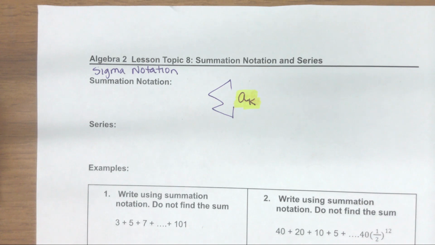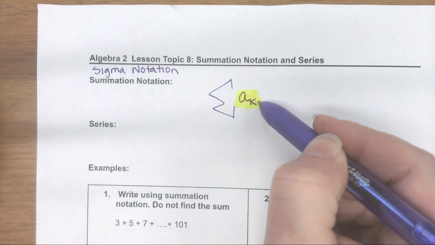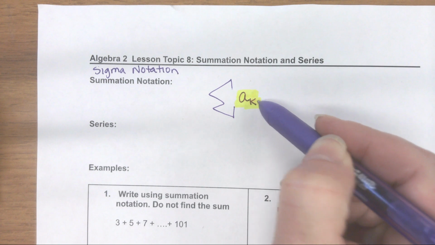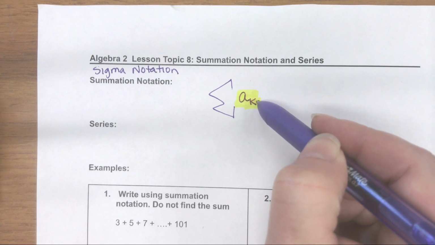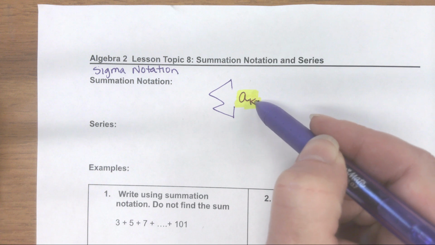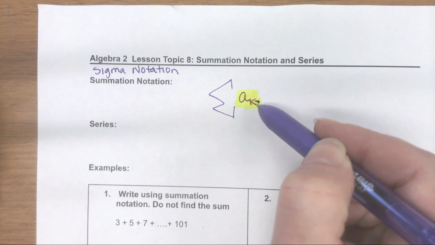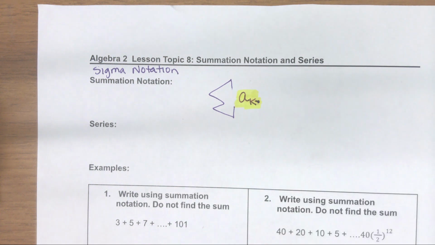This k, sometimes we've been seeing as an n. For summation notation you usually see one of three letters: k, n, or i, and it's called the index. K and n are probably what we're going to use the most.